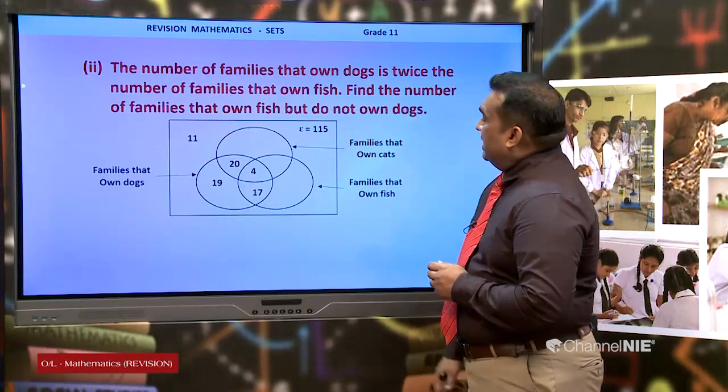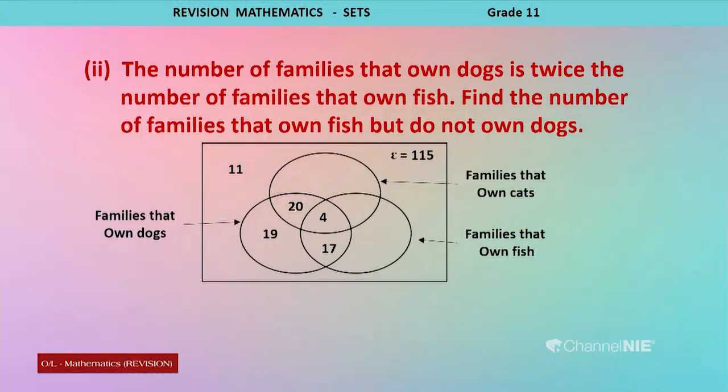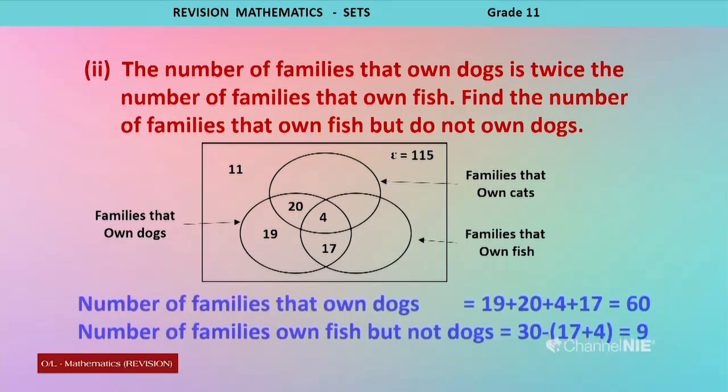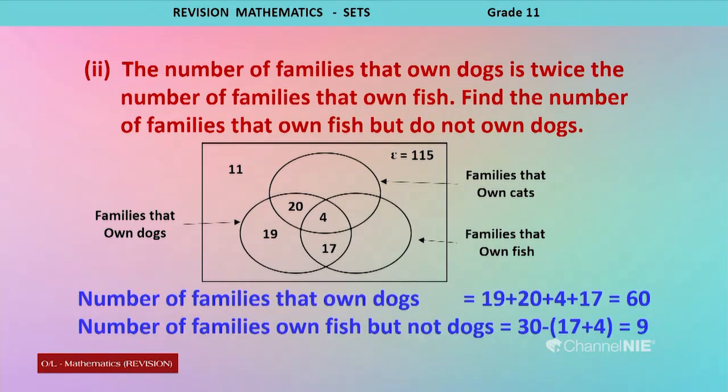The number of families that own dogs is twice number of families that own fish. Find the number of families that own fish but do not own dogs. Right. Clearly we identified these elements. Number of families own dogs: sum of elements of all these regions.